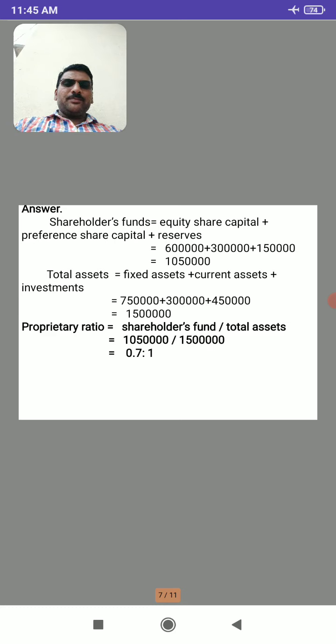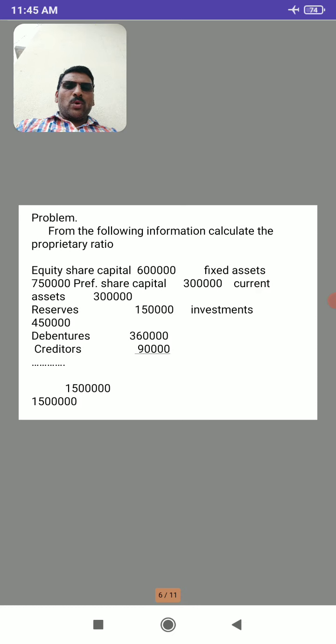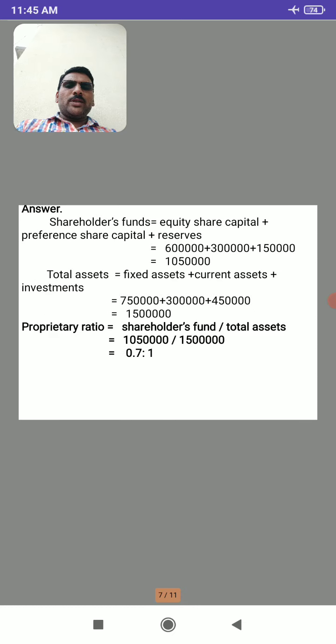So here it shows that the financial position of the firm is not strong. It is low standard, less than standard. The firm's financial position is low.